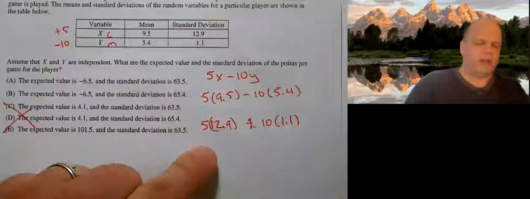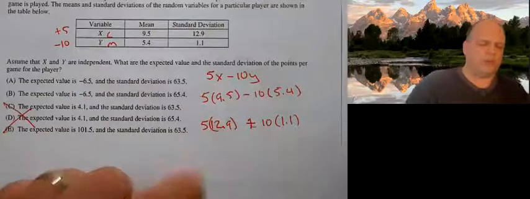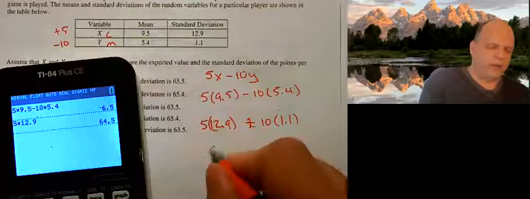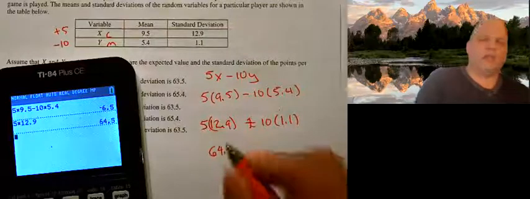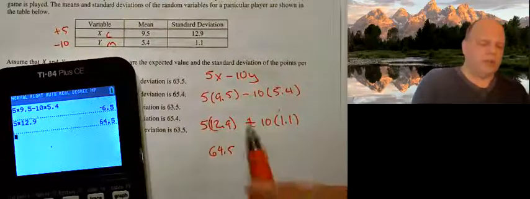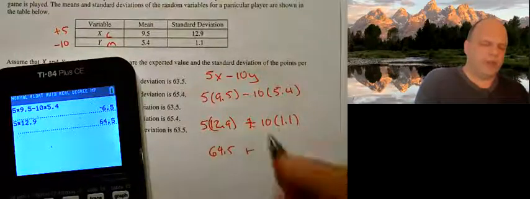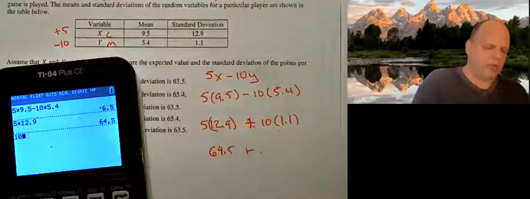So now my new standard deviation is, and I'm going to go ahead and multiply these out. 5 times 12.9 equals 64.5, because we can multiply by a constant. So this is the standard deviation for X. And this is my standard deviation for Y, which is 10 times 1.1, or just 11.